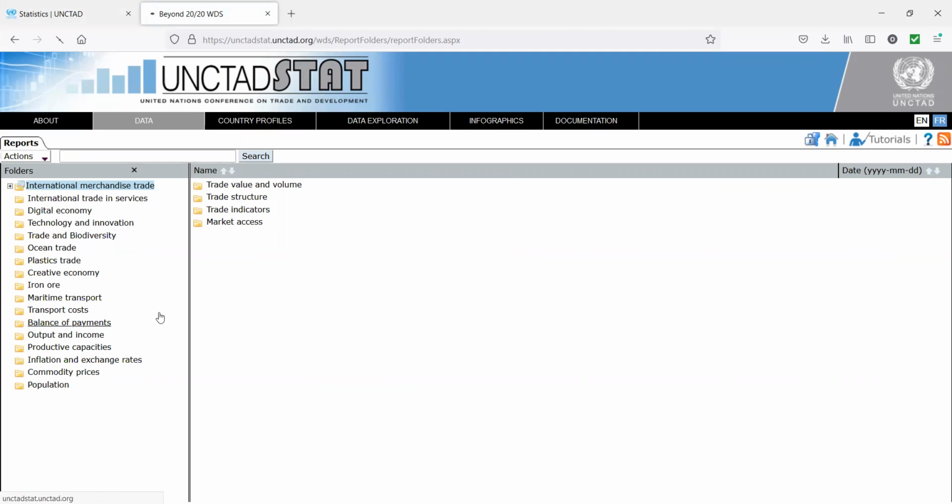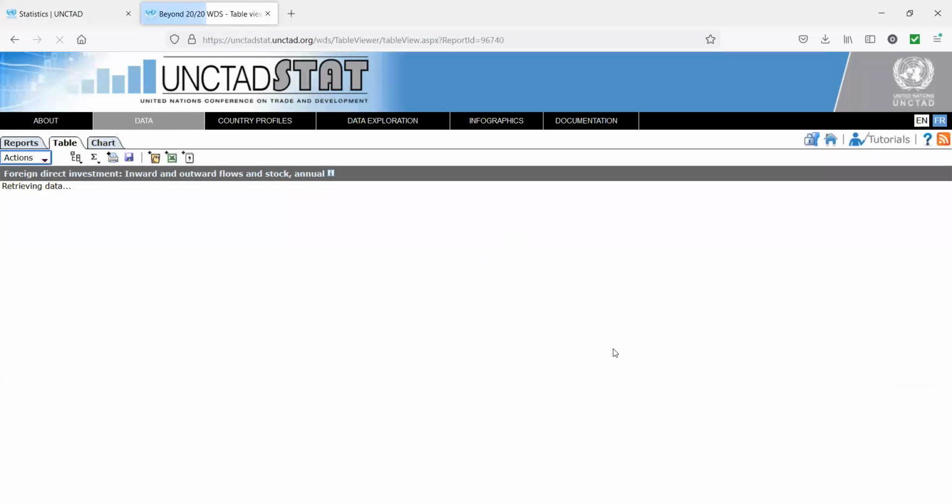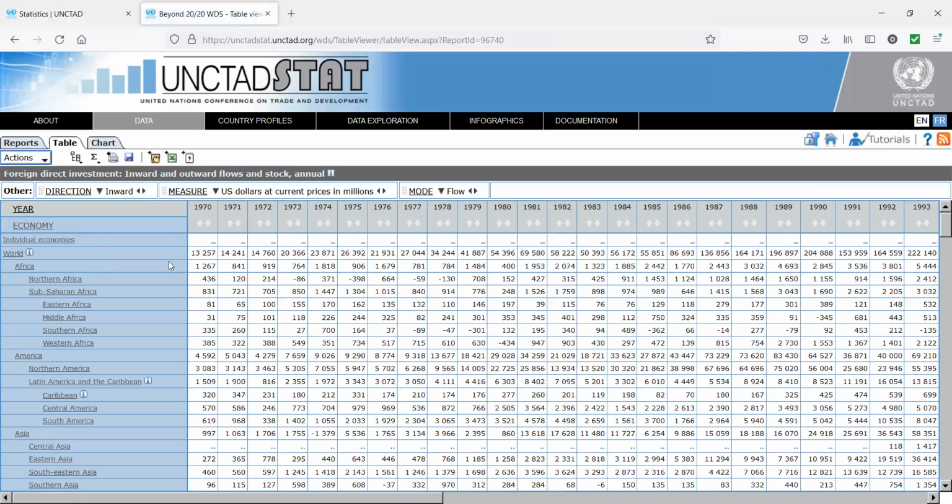We need to go to balance of payments, and in balance of payments you see different information. You see foreign direct investment data. Here we see all the data.